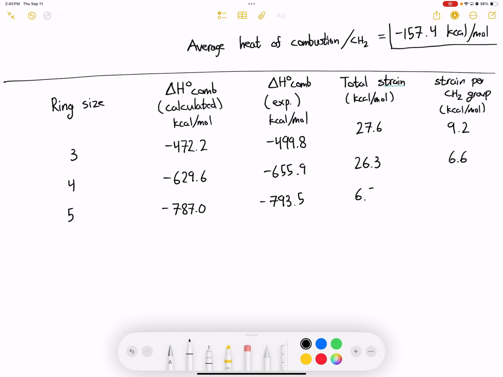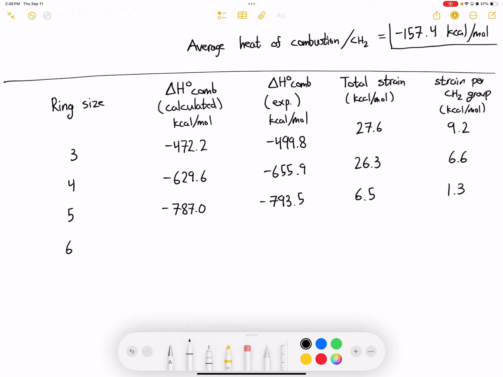Only 6.5 kcal of strain here, so only 1.3 strain per CH2. As the ring size increases, it seems the strain in the molecule decreases because the ring has more flexibility now. But if the ring is large enough, that flexibility can affect you in a negative way too. We'll see that with 8.